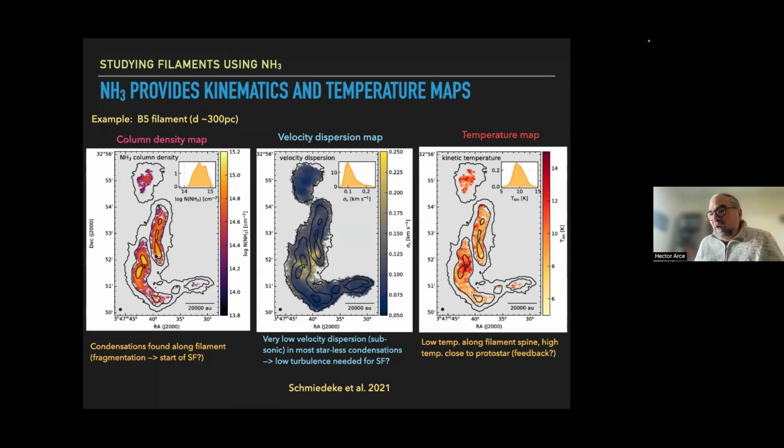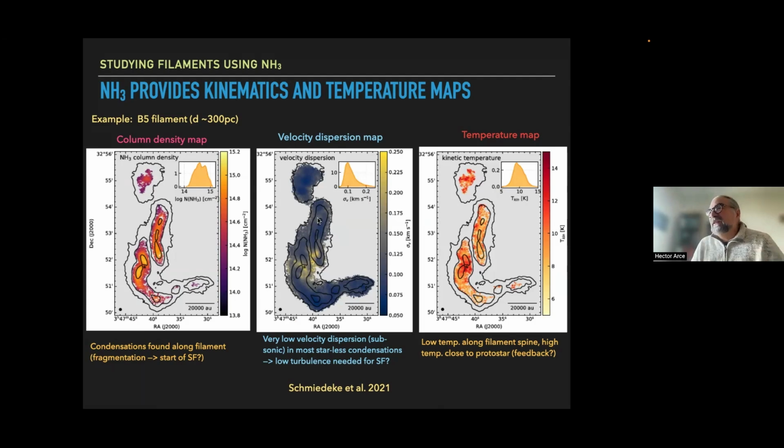Could this be the start of a star forming core forming there? The story goes that you have the filament, and then from the filament you form condensations and you fragment, and those little fragments then gather up mass to become a core and then to form a star. So it could be that we're seeing the beginnings of that.